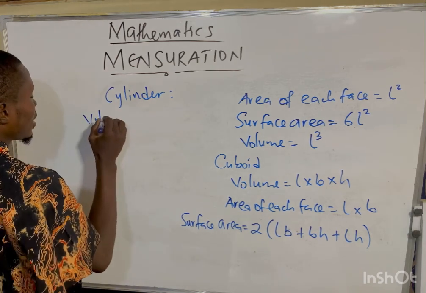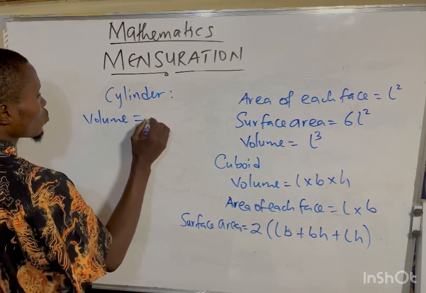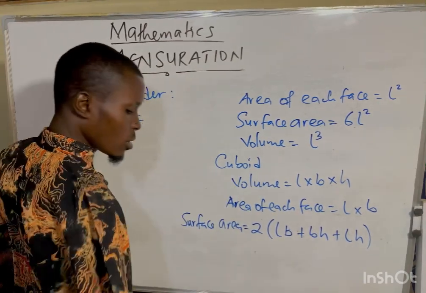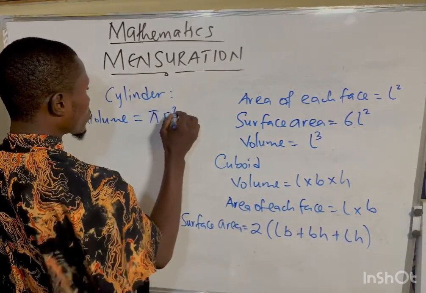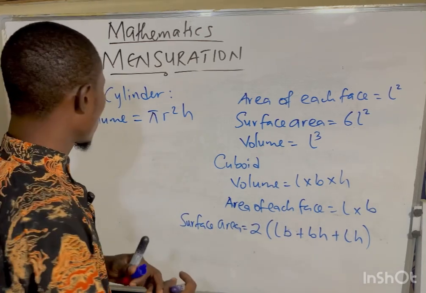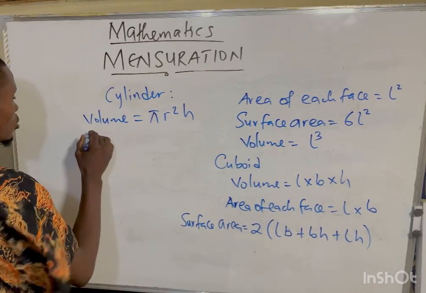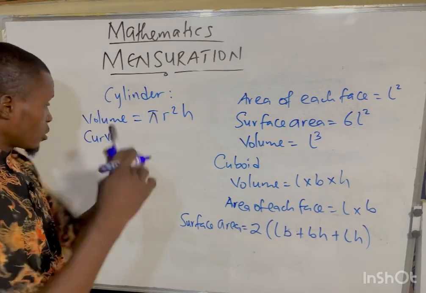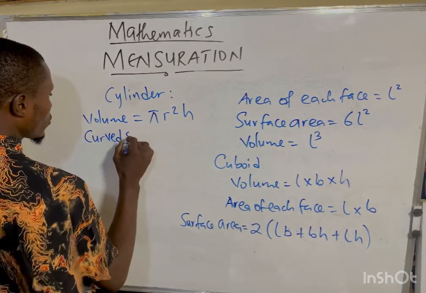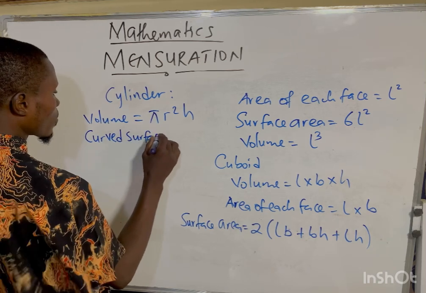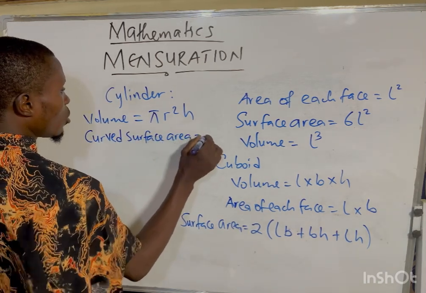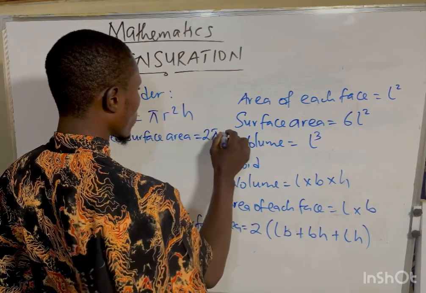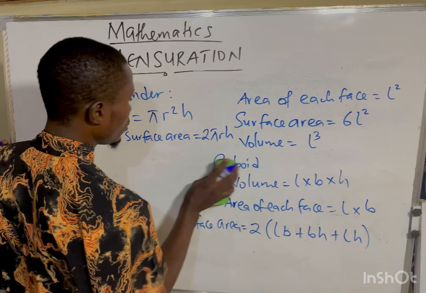What is the volume of a cylinder? Pi r square h. That is the volume of a cylinder. Remember, a cylinder is curved. The curved surface area of a cylinder is given by 2 pi r h.